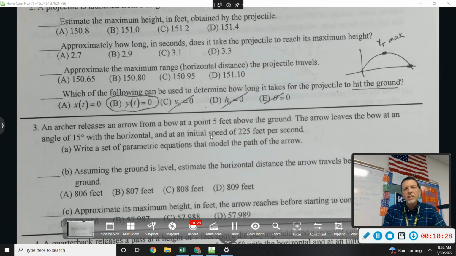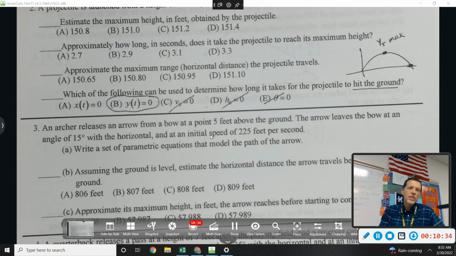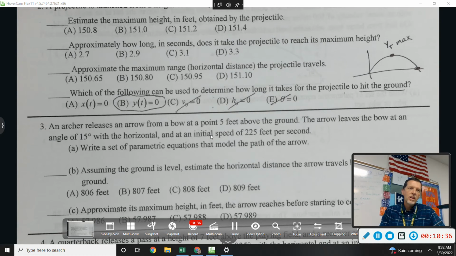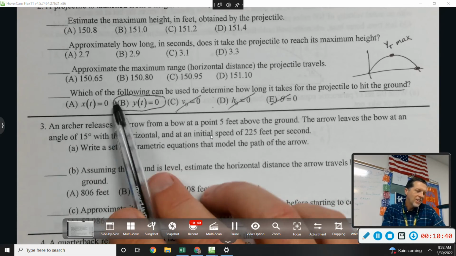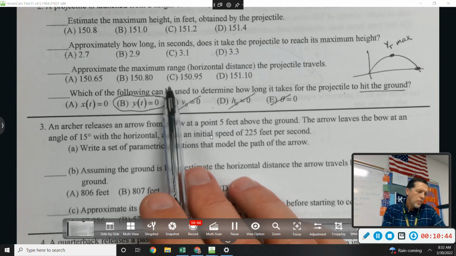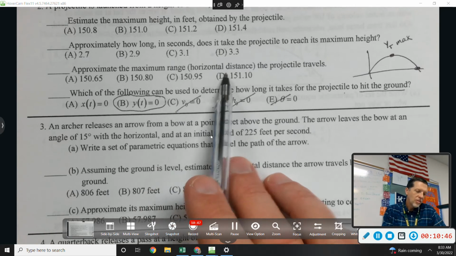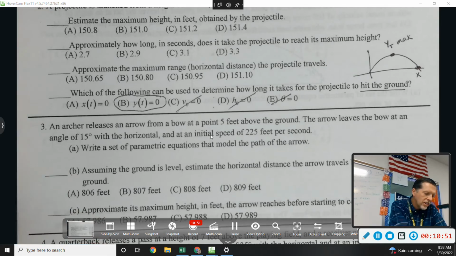So you'd have to look at the graph or a table and see what gives you the biggest y value. Okay, so we couldn't really ask that question like this one is asked. Approximate the maximum range for this projectile. So we're looking for this x value over here.